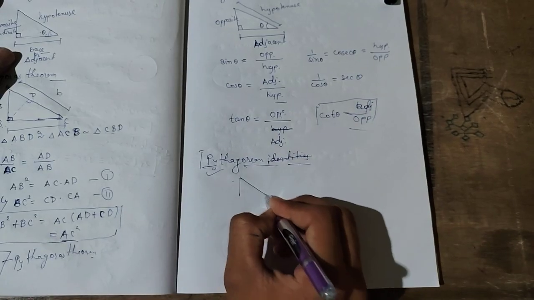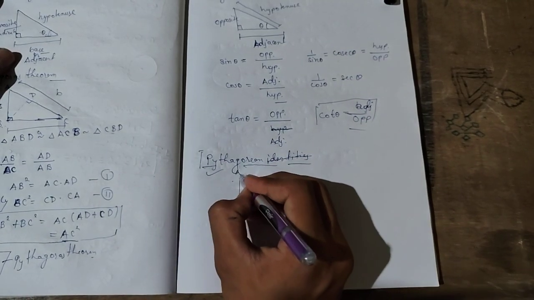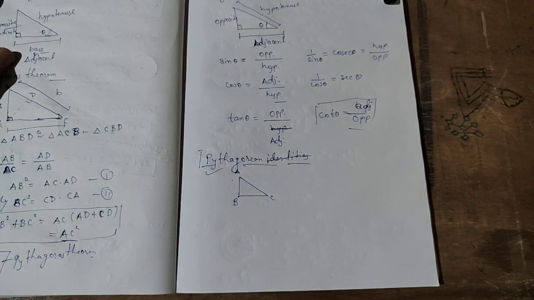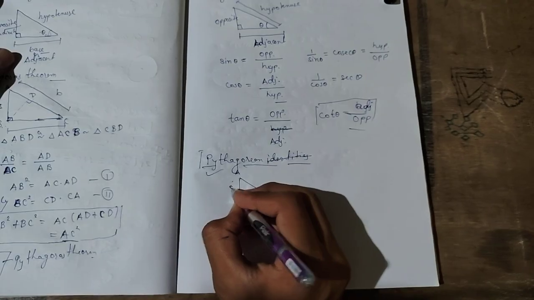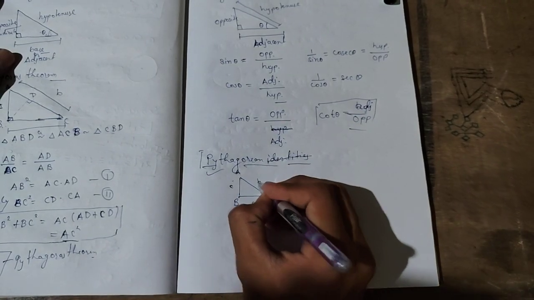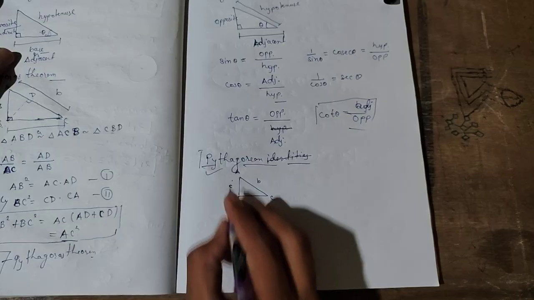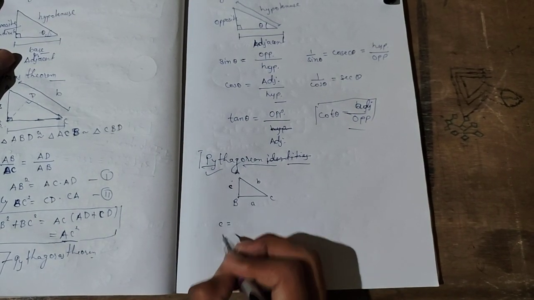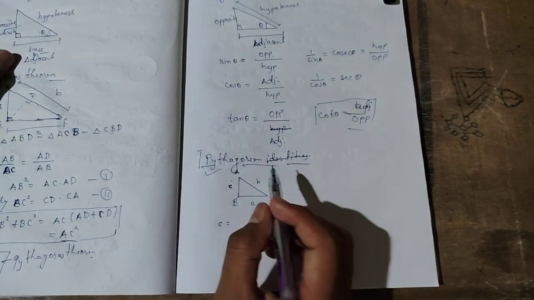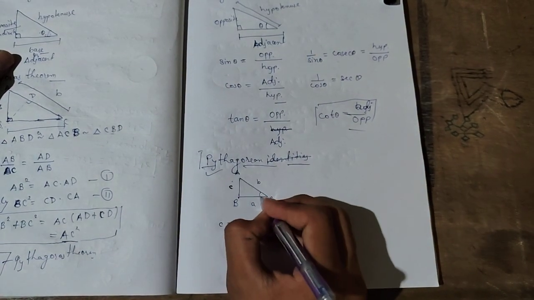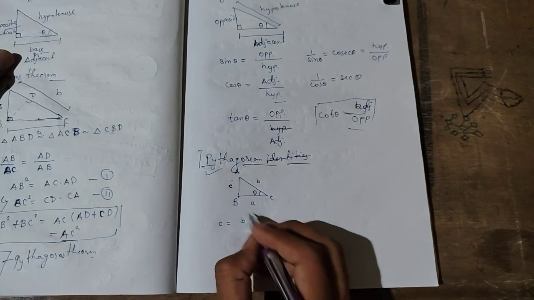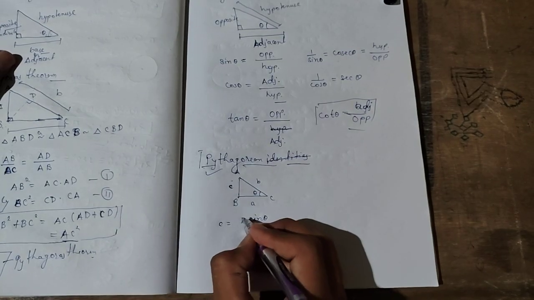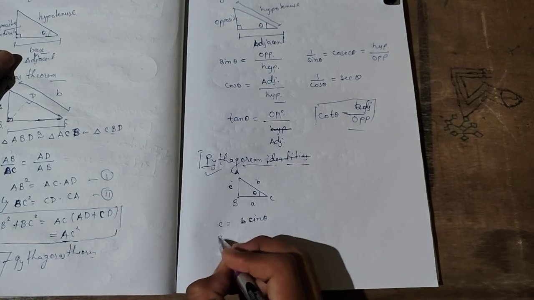Now just look at this triangle A, B, C. This is C, this is A, this is B. Now this is theta. From here we can write C as B sine theta, and A as B cos theta.